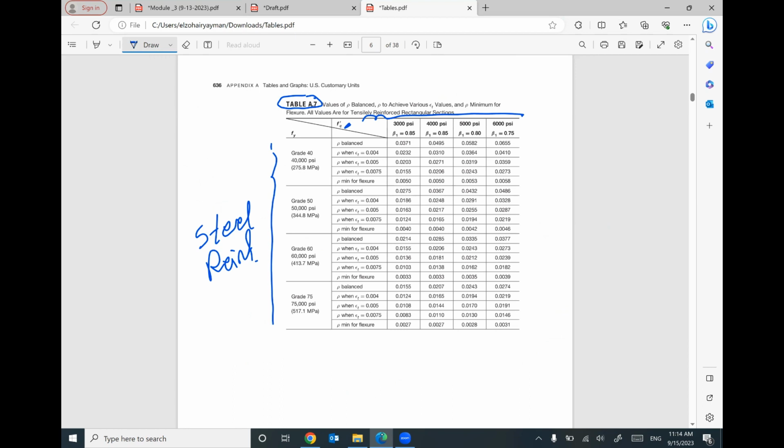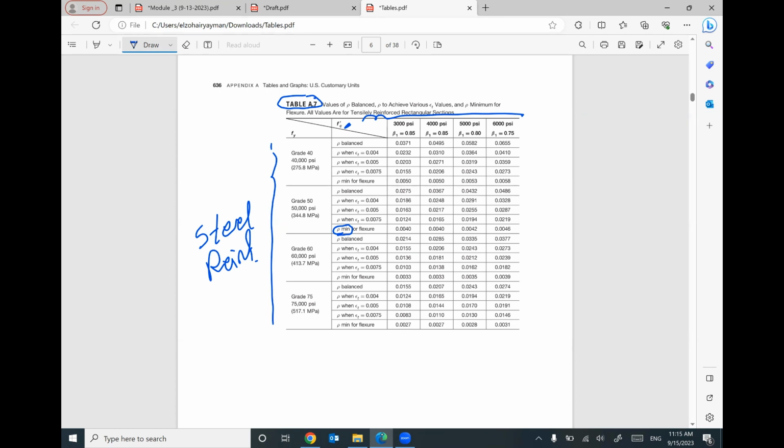What is the compressive strength of concrete? 3,000, 4,000, 5,000, 6,000, and so on. Based on the F prime C and the type of steel, I can tell you the value of rho minimum, and I can tell you the value of rho maximum.